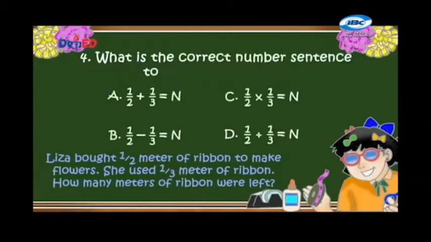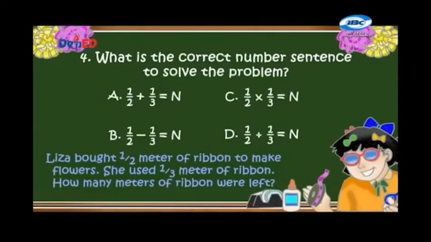Number 4. What is the correct number sentence to solve the problem? A. 1/2 plus 1/3 equals n. B. 1/2 minus 1/3 equals n. C. 1/2 times 1/3 equals n.